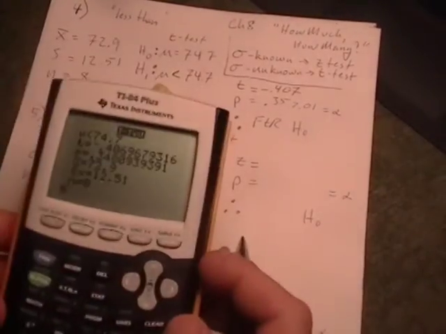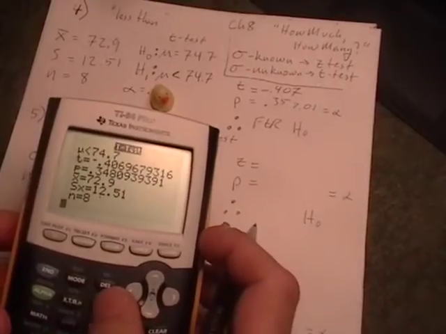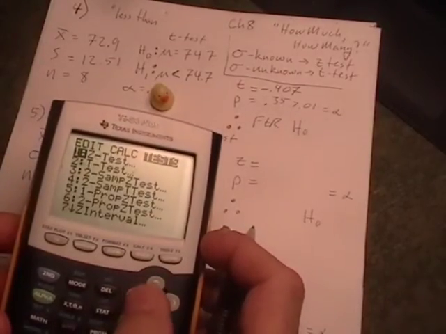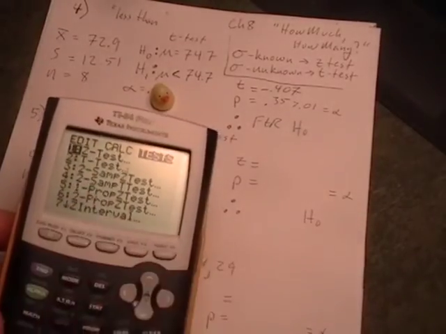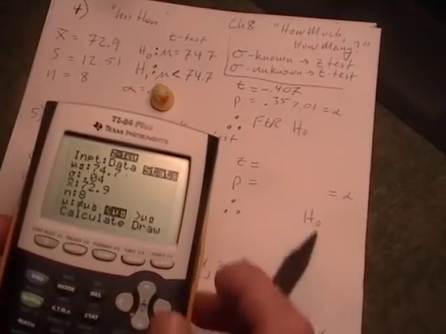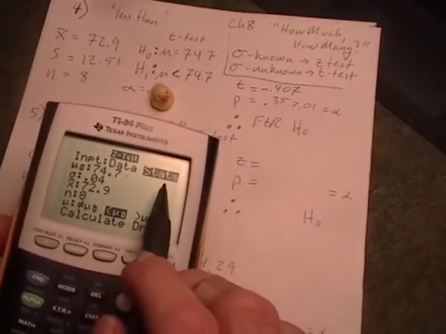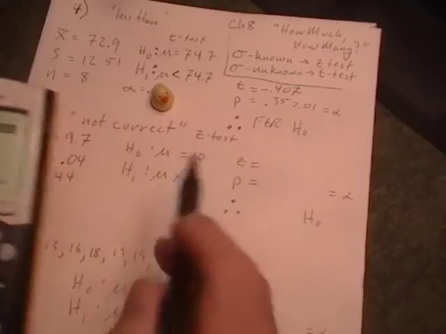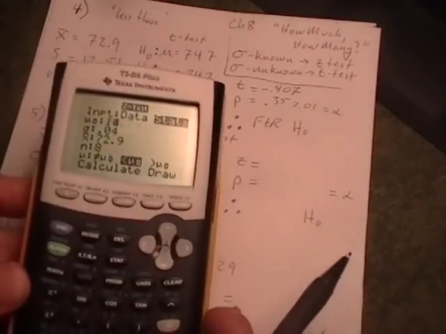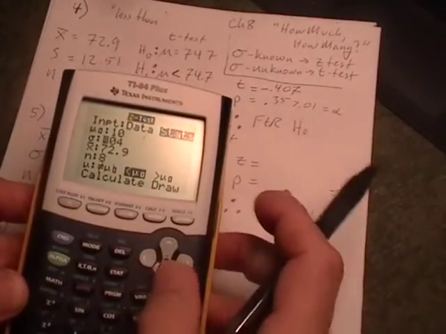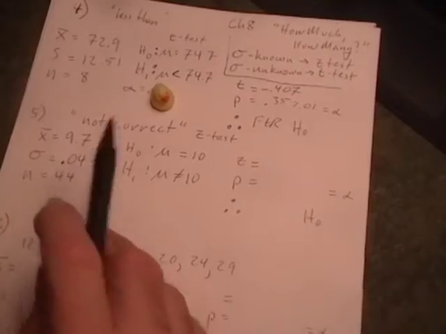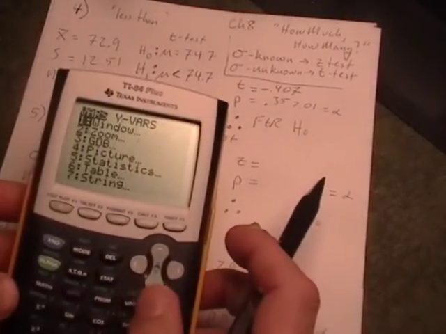When I plug in the numbers: Stat, Test, Z-Test, that's the very first line. My input is going to be summary statistics. The hypothesized mean was 10. The standard deviation, the sigma, 0.04.